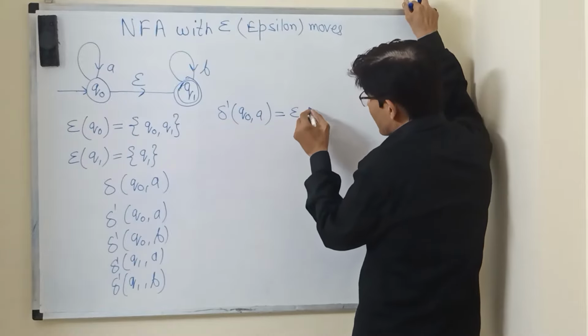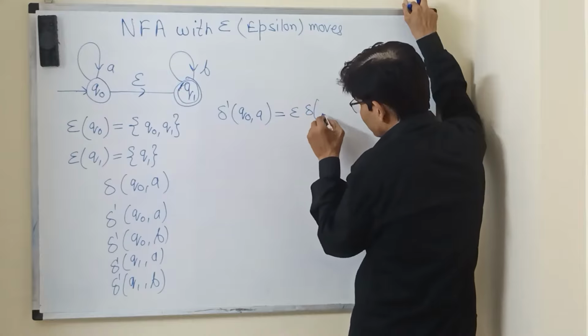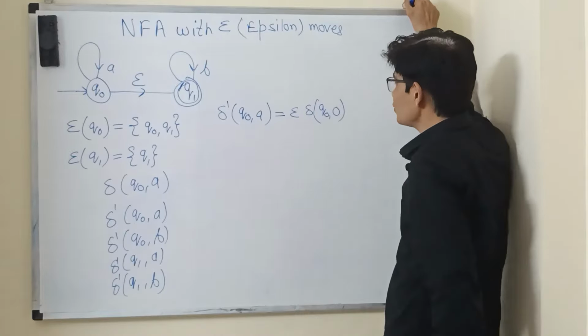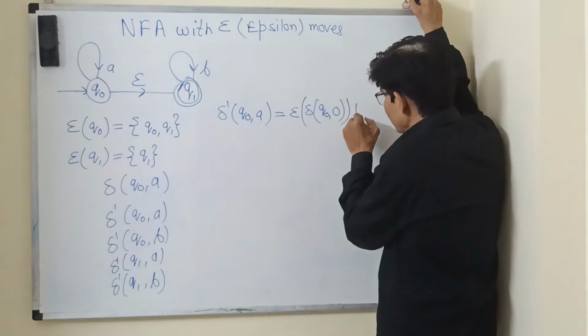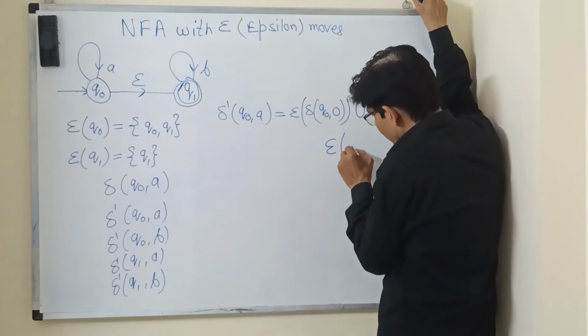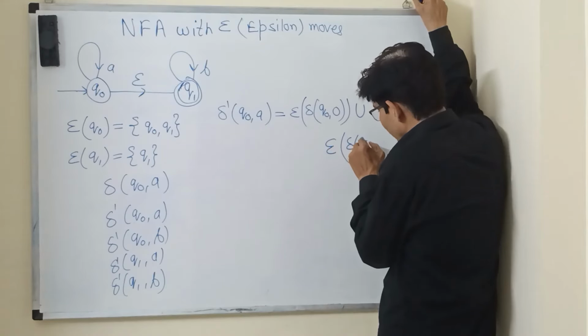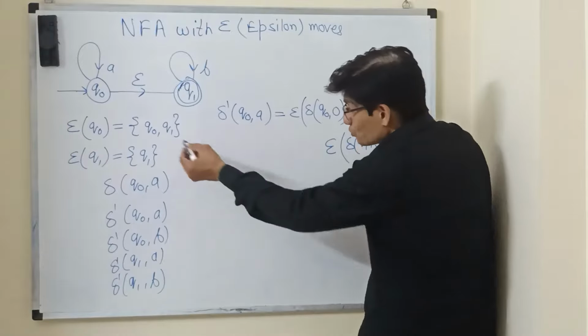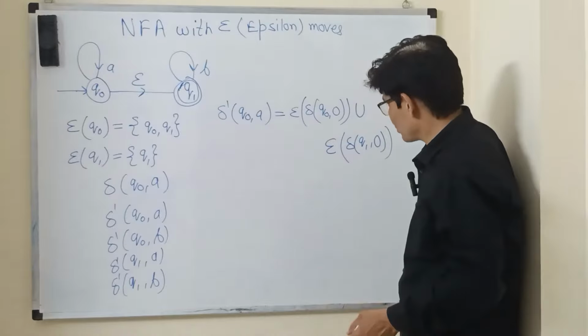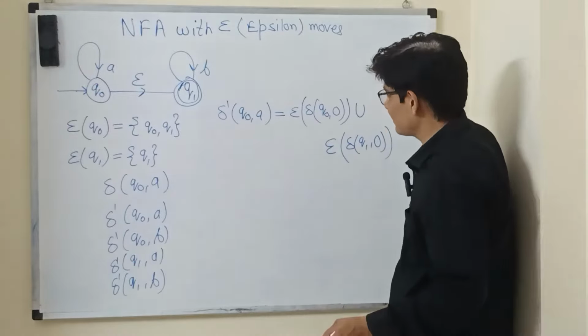This would be equal to epsilon closure of delta(Q0, 0) union epsilon closure of delta(Q1, 0), because Q0 and Q1 both are in the epsilon closure of Q0. So now you can calculate.